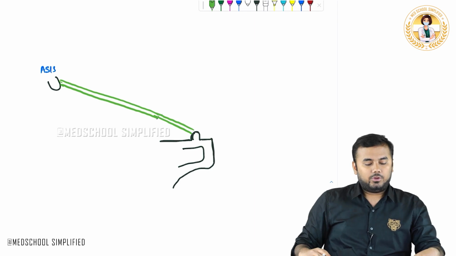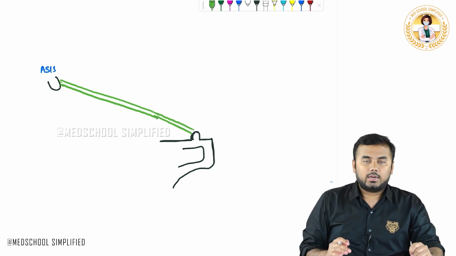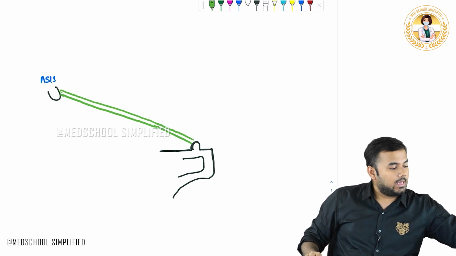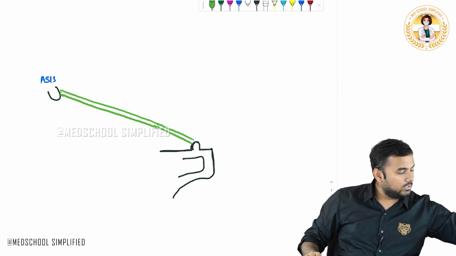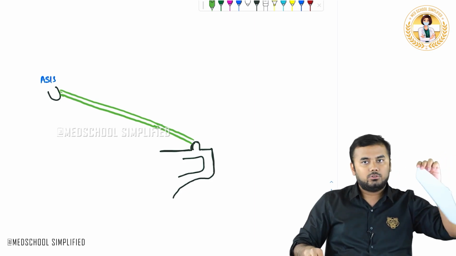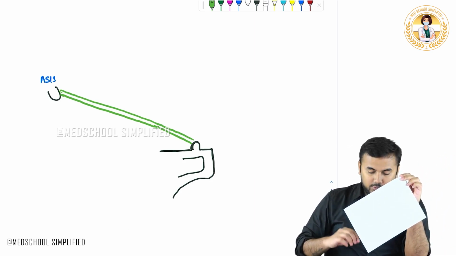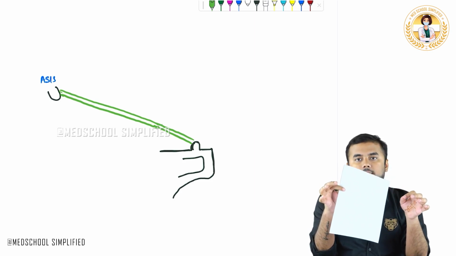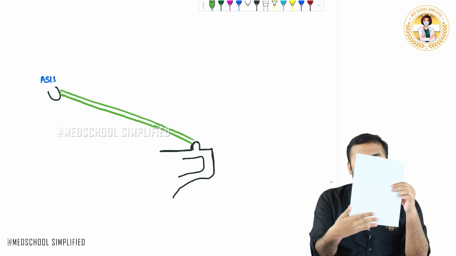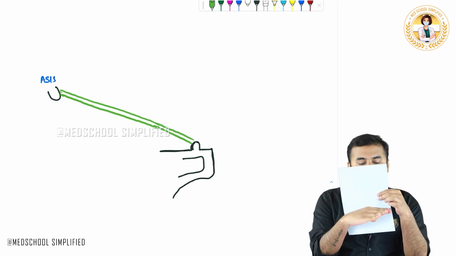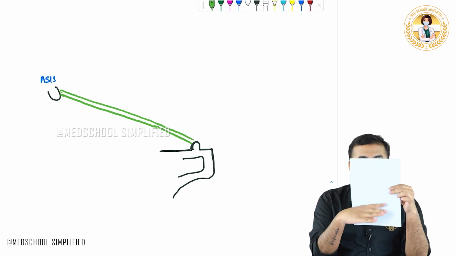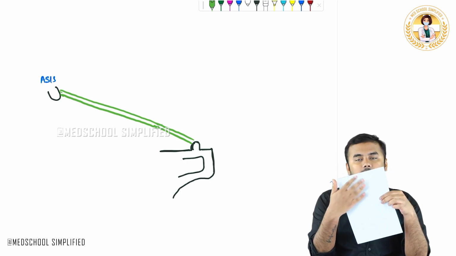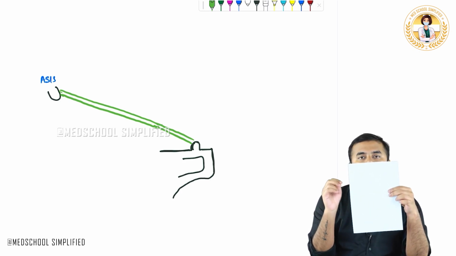Now if you look here, one very important thing is that this one over here is your external oblique muscle. This is the lower part of the external oblique muscle, and wherever I'm putting my hand, this part is called the aponeurosis of external oblique.